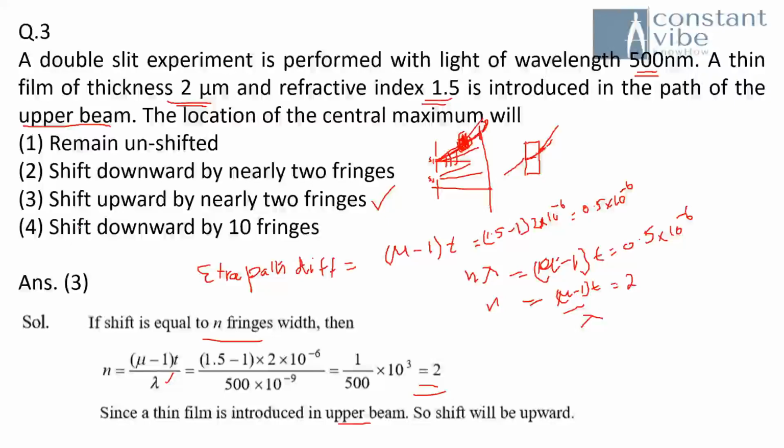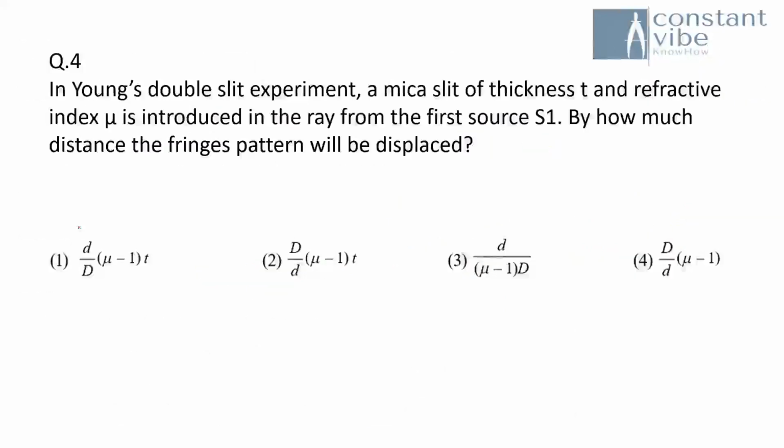Okay, next question is question number 4. In Young's double slit experiment, a mica slit of thickness t and refractive index mu is introduced in the ray from the first source S1.